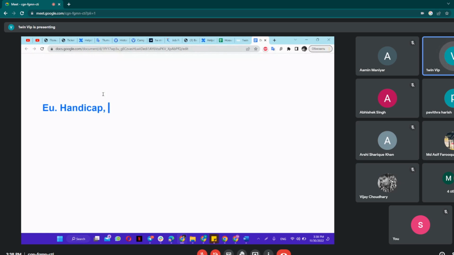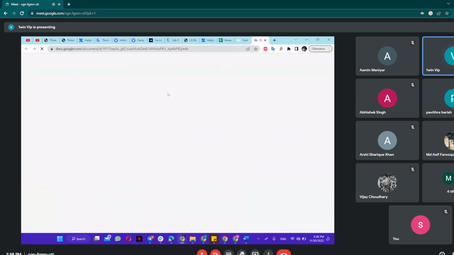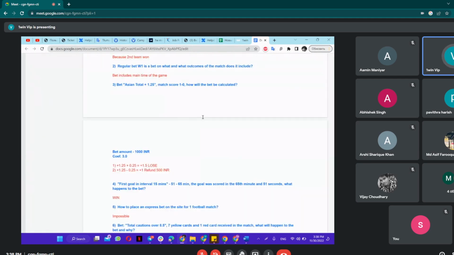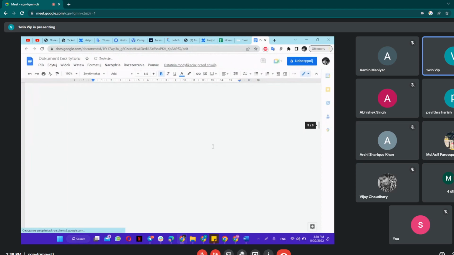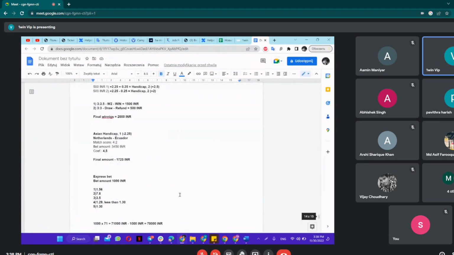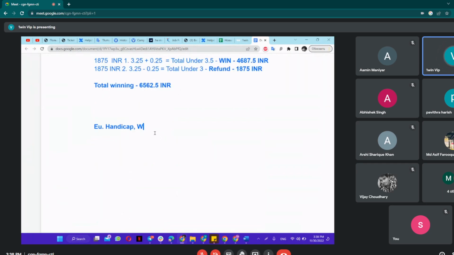We place a bet that the first team will win, so winning of the first team, including handicap 0-2, for example.